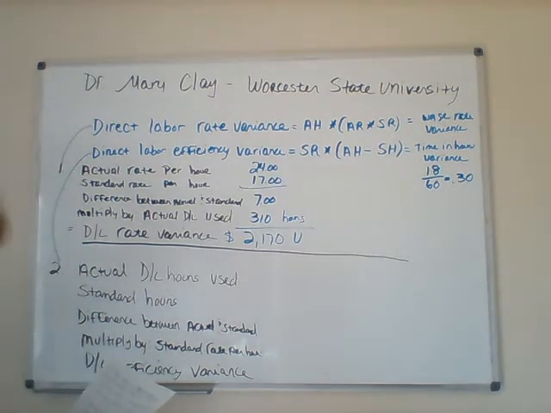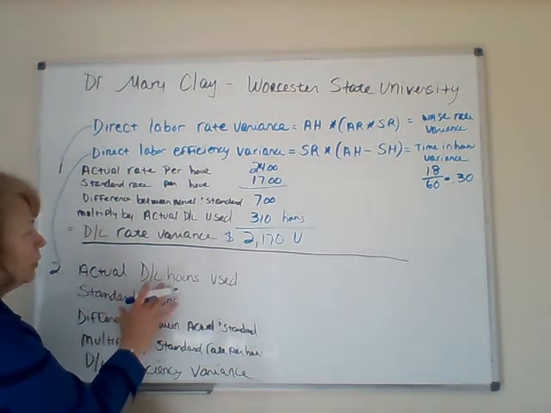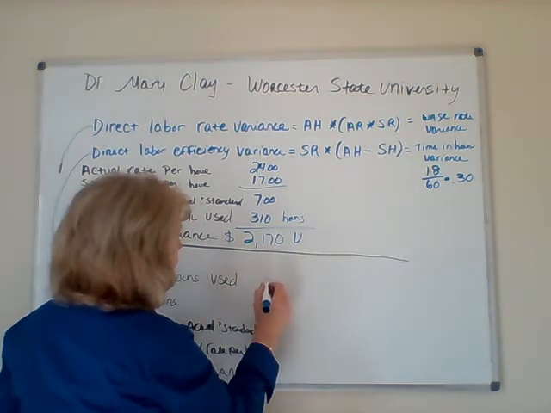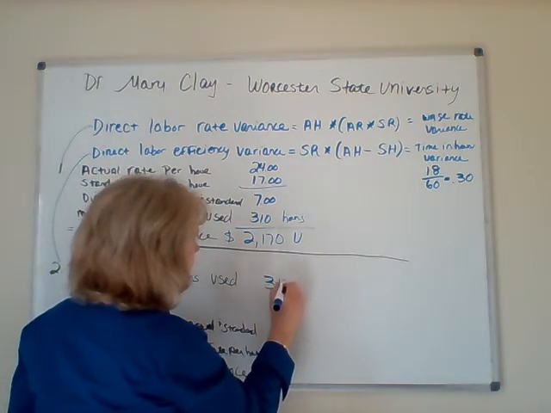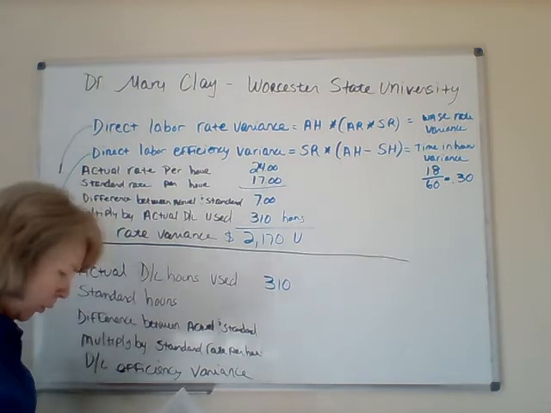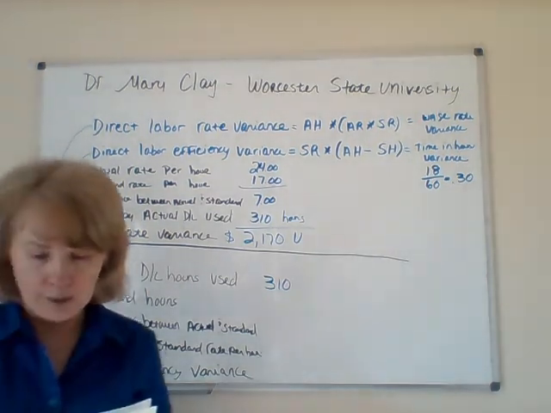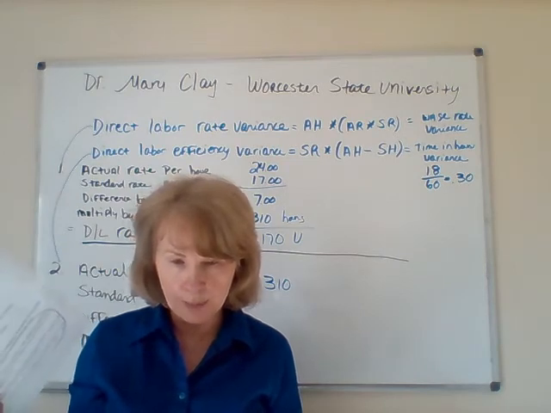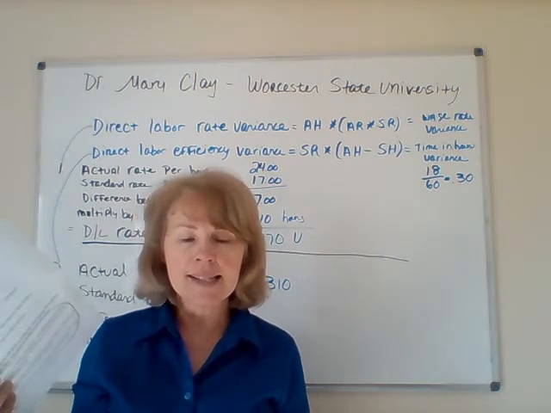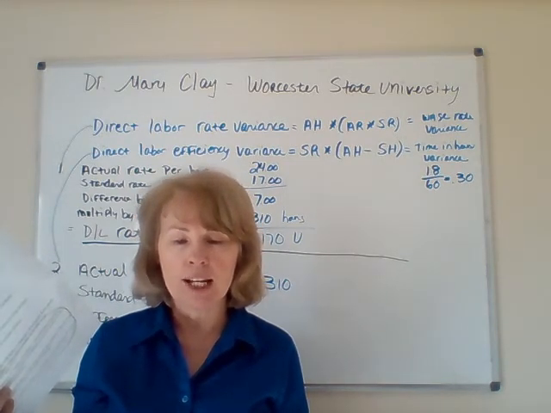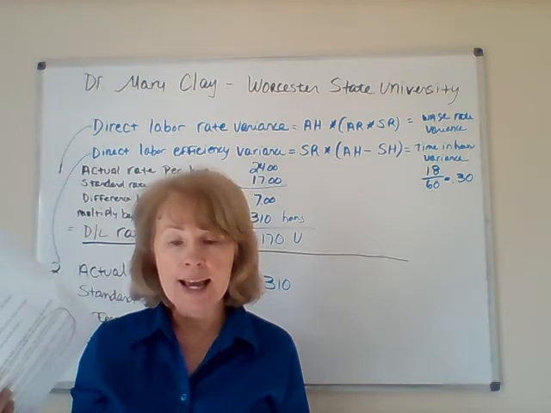Now we're going to look at actual direct labor hours used, which is 310. Those are hours. The standard hours, let me show you how you're going to compute that. Let's go back to the problem. It says in July, 1,600 oil changes were performed at Edelman Oil.